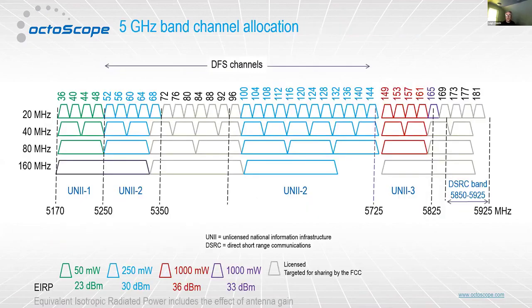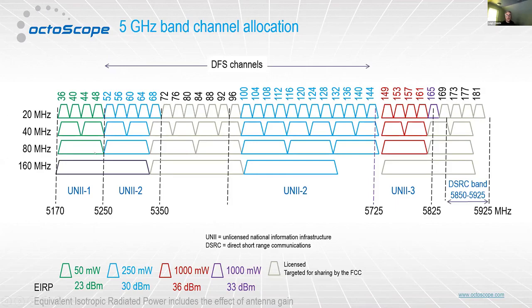For example, if we're talking about the 5 gigahertz band in the United States, it's not really Wi-Fi, actually, I shouldn't say that. The band is broken up into a couple different regions known as UNII-1, UNII-2, and UNII-3. You can see down here at the bottom that there is a different amount of transmit power allowed in each of those bands.